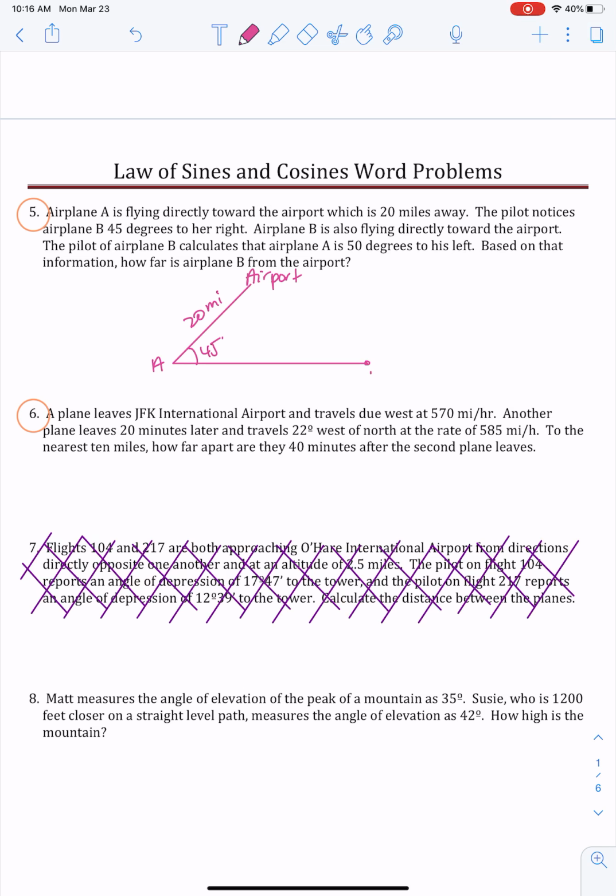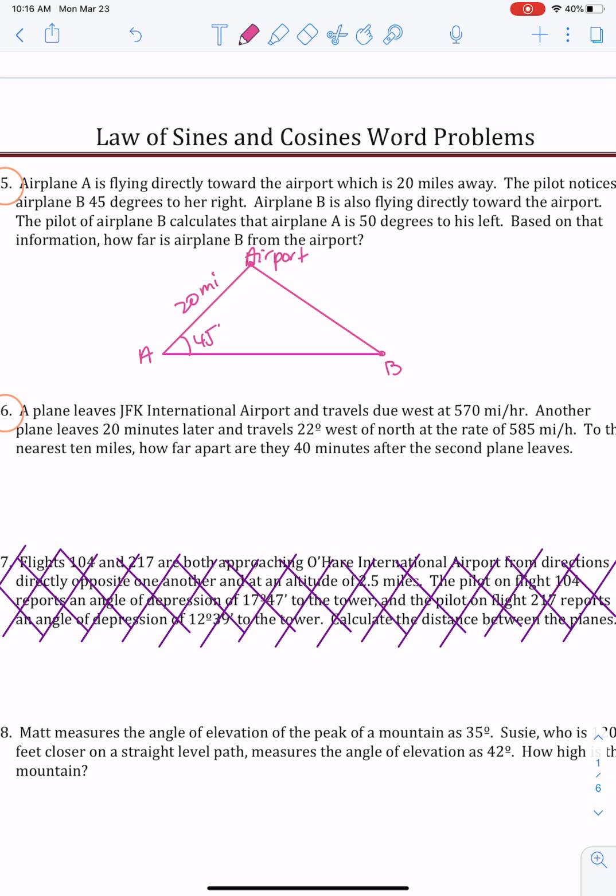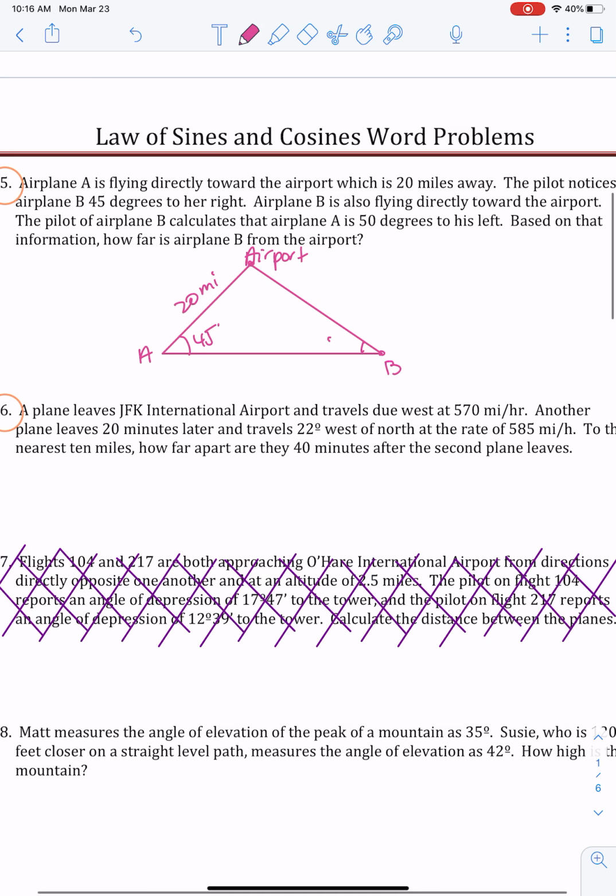And that is airplane B, who is also flying directly towards the airport. Again, I'm just drawing these roughly. I don't know if my pictures are accurate with the angles and the degrees. I'm just trying to draw a 45-degree angle. And they noticed 50 degrees to their left was the other airplane, which realistically is air traffic control's job.